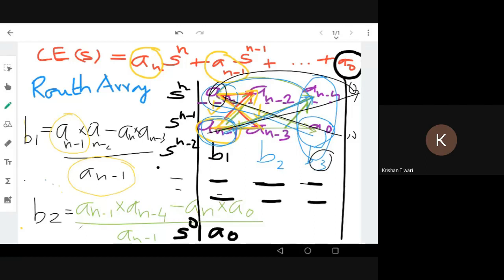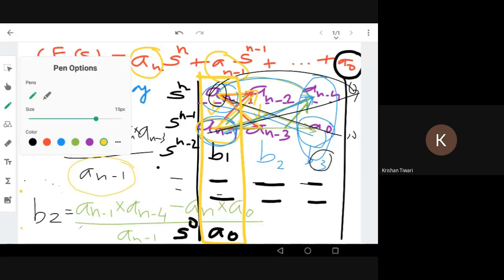Now we'll take an example so that we can understand much better. Let me tell you the conclusion also, what we are trying to do in Routh stability criteria. We are going to check the first column of the Routh array, all the individual elements.